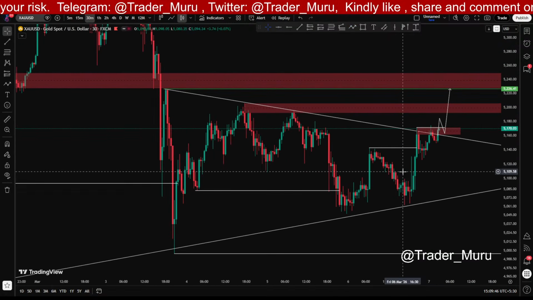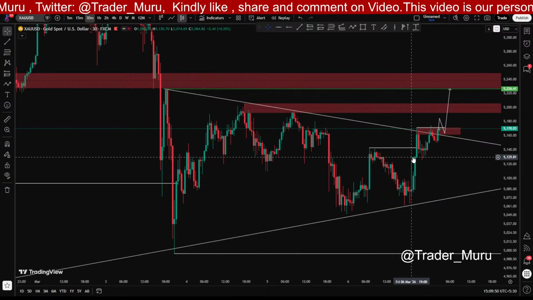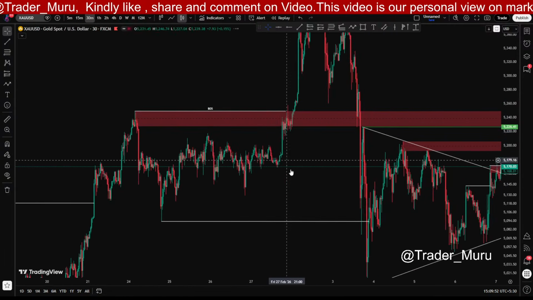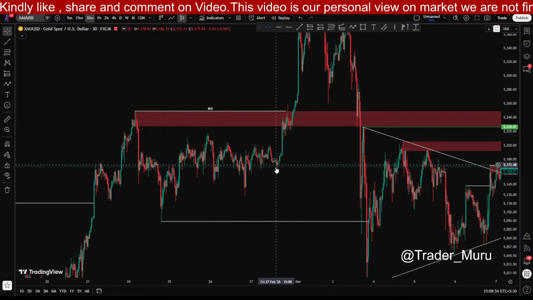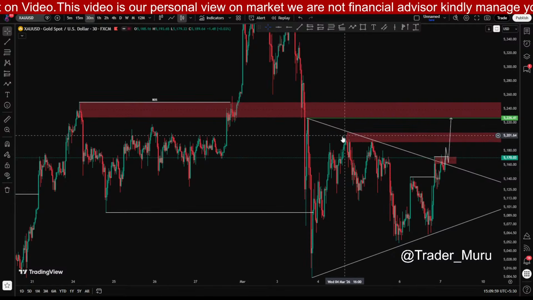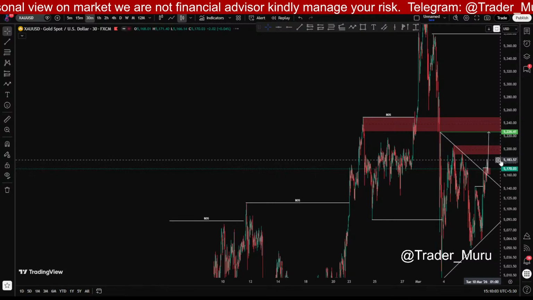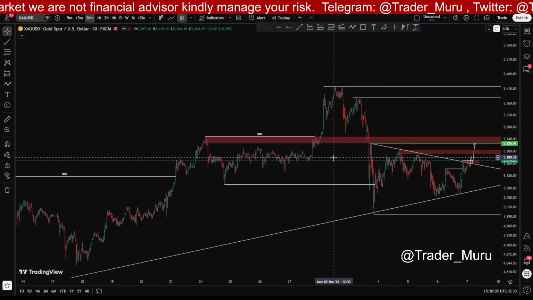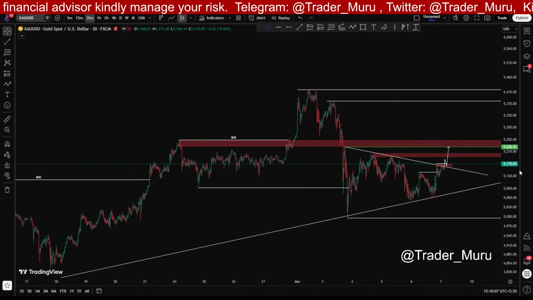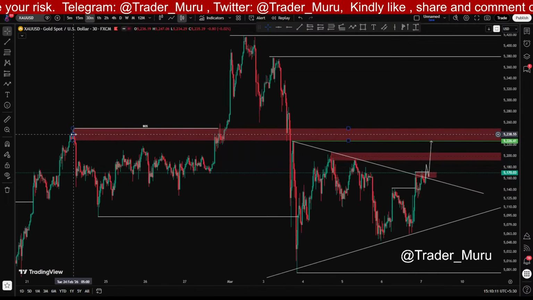And if we have any geopolitical news this weekend, possibly like the previous week, we can see a direct sweep of this high. Same thing here. But I'm majorly watching the 4-hour structural areas. Even if it pumps, we will see a retracement from this area.